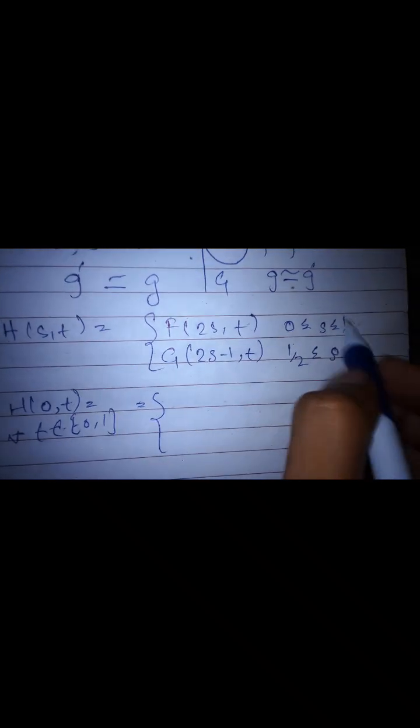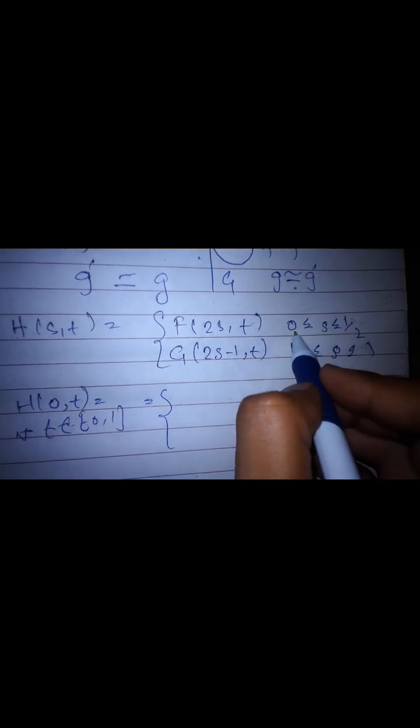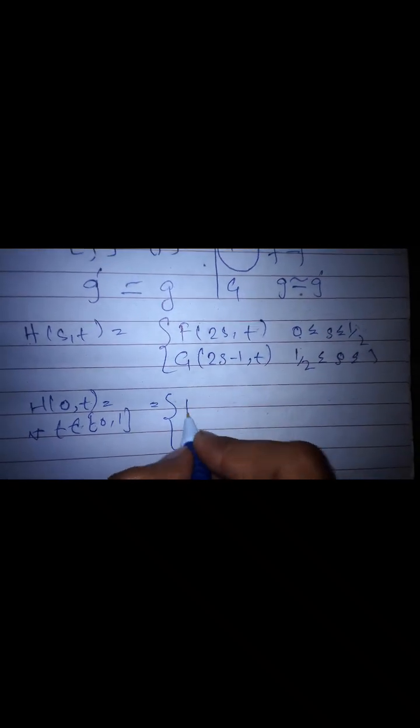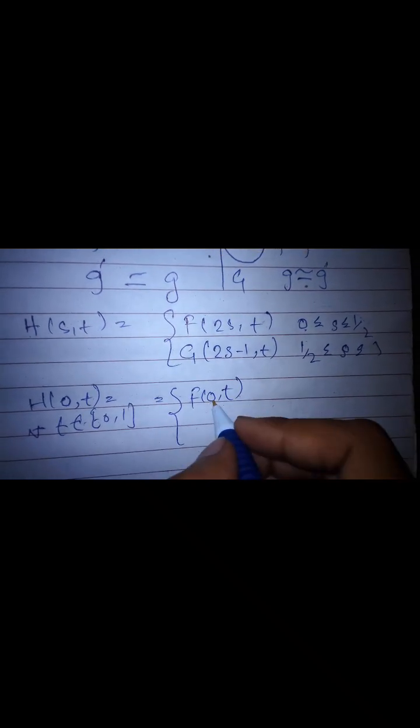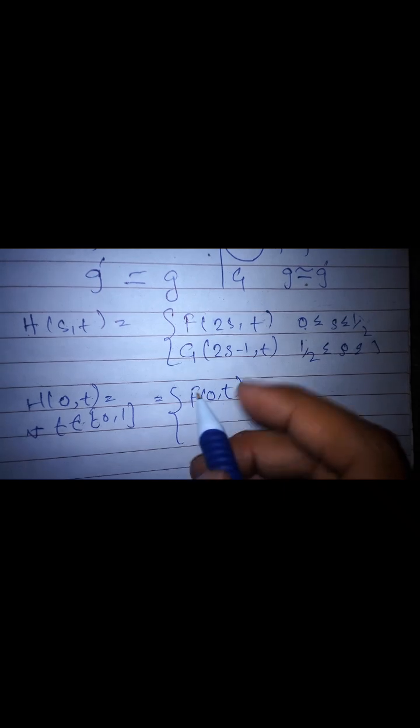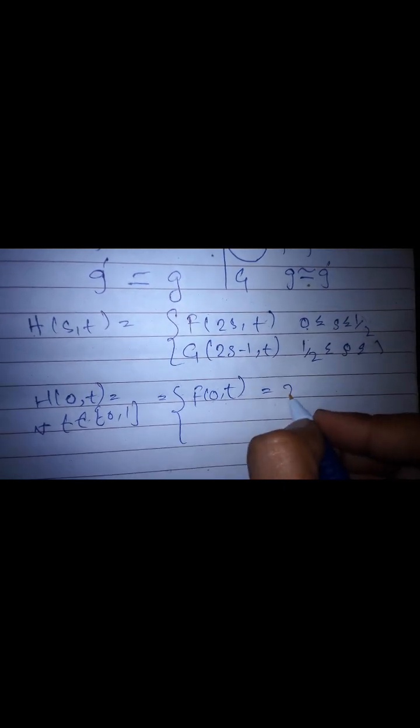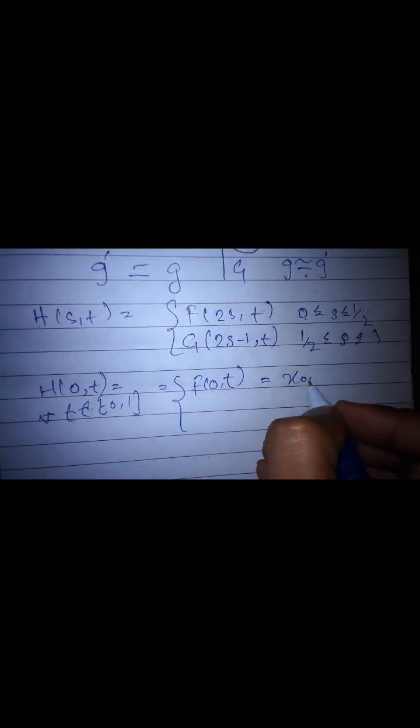If we substitute s equal to 0, we get F of 0 comma t, and as we know F of 0 comma t is equal to x naught, the starting point, initial point of this path f.